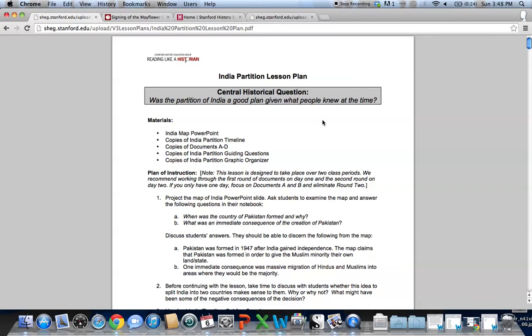They already were aware of the violence that happened with the migrations between India and Pakistan. And so they could say, well, given what happened, no, it wasn't a good idea. But what this lesson forces them to look at is, why did people make decisions at their point in history? When later we can say, okay, that was a really bad idea.